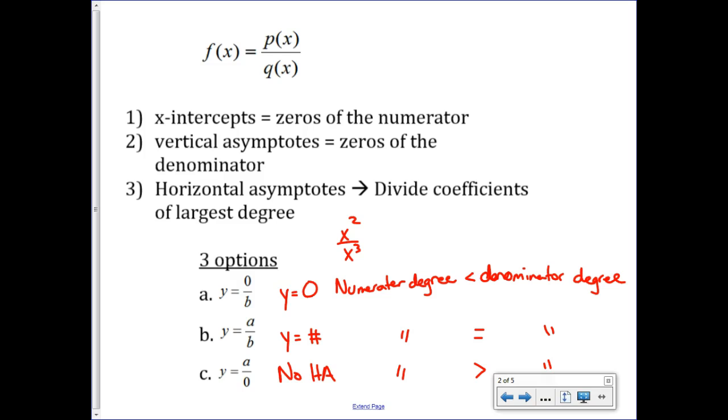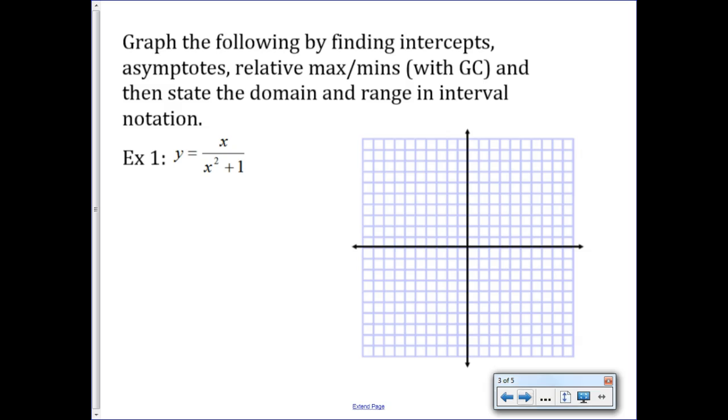So let's go through this on an example here. Graph the following by finding the intercepts, the asymptotes, relative max and mins we can find using a graphing calculator, and then state the domain and range in interval notation. So first off, let's find the x-intercepts.